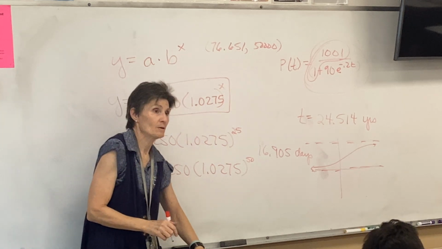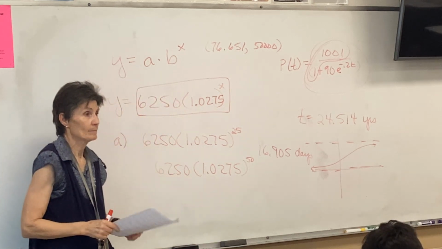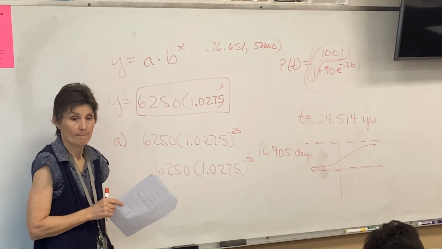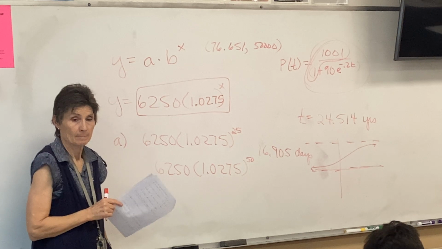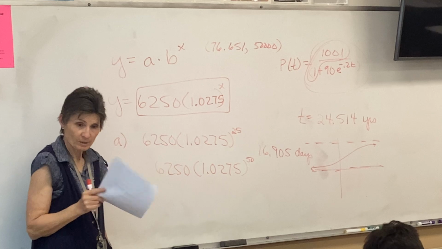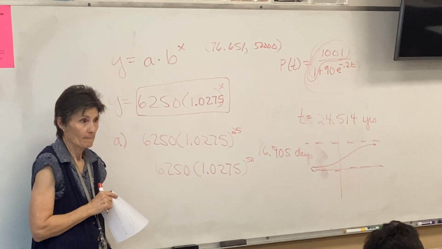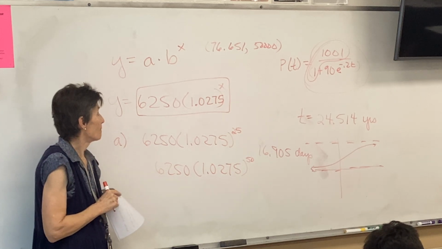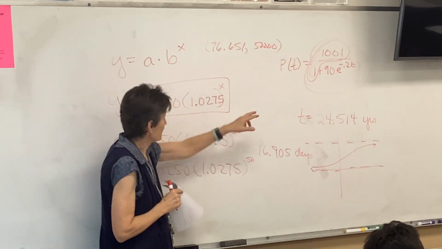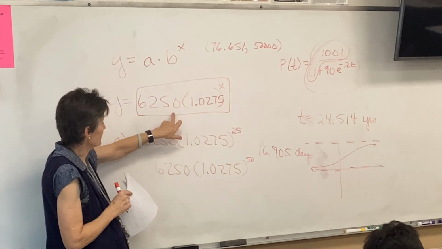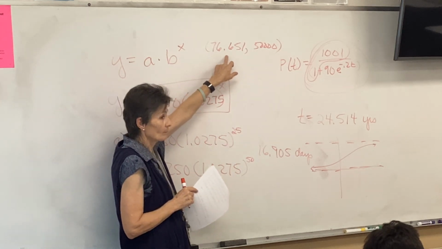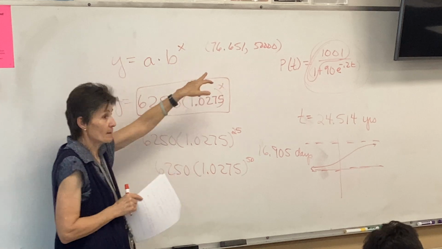Did anyone else get that? Jack, why are you not typing this in? We're setting this equal to 50,000. That's right, anybody else get that?